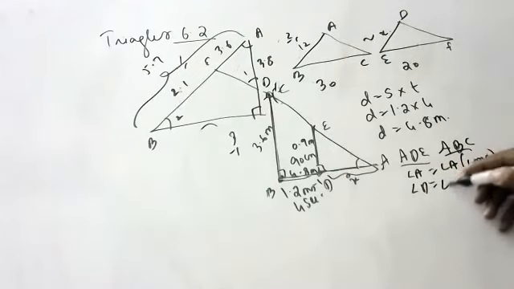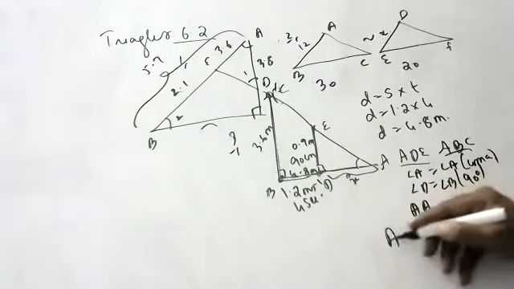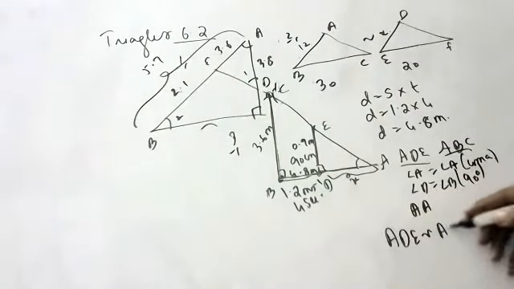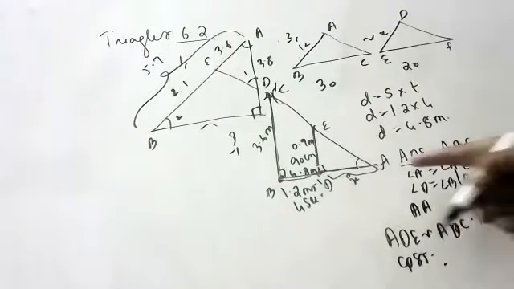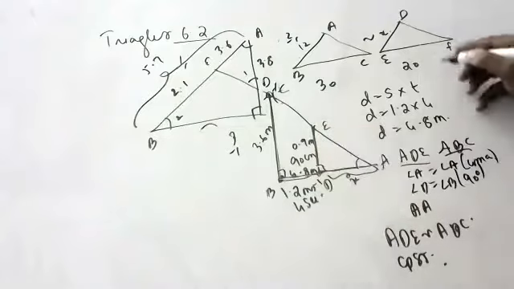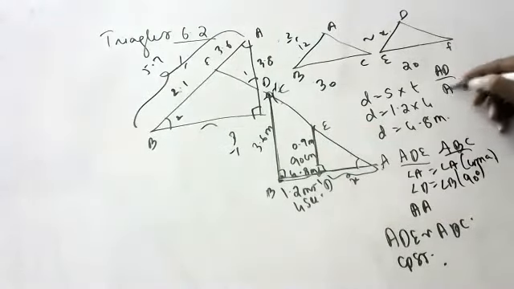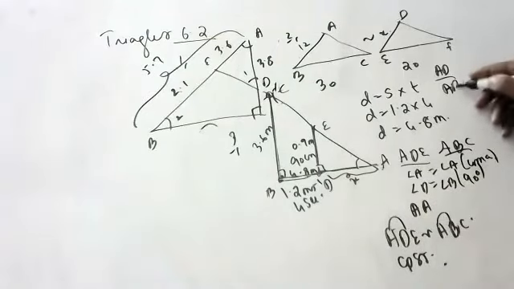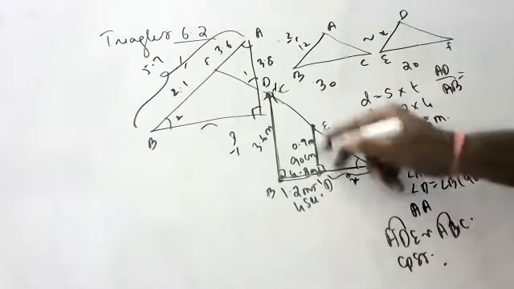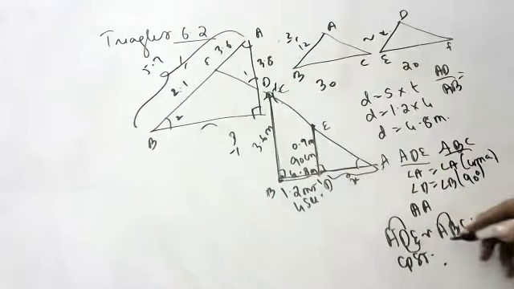Angle B is equal to angle B, 90 degrees. By AA, ADE is similar to ABC. By CPST, AD by AB is equal to DE by BC.